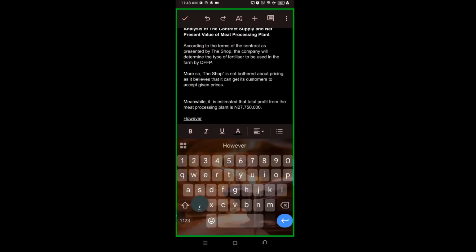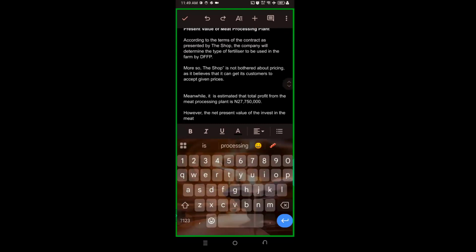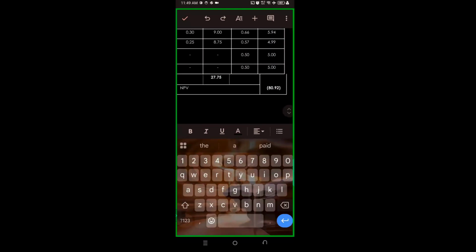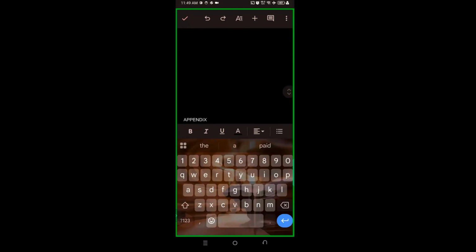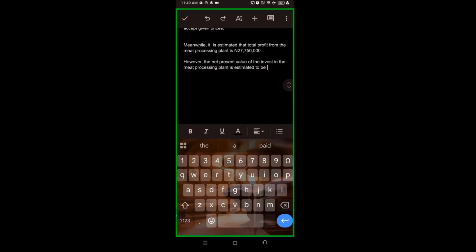However, the net present value of the investment in the meat processing plant is estimated to be 80 million, 920,000 naira.